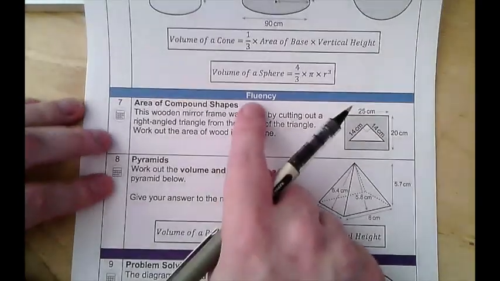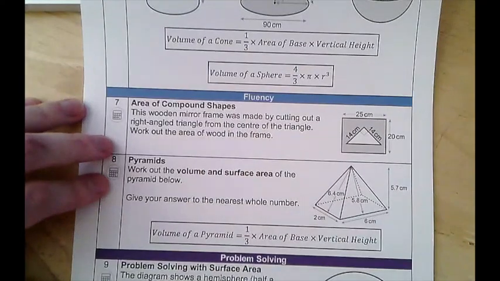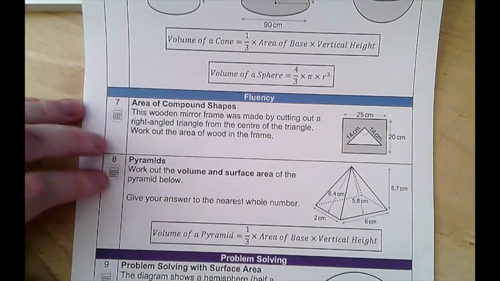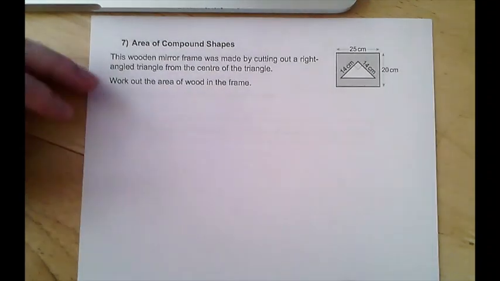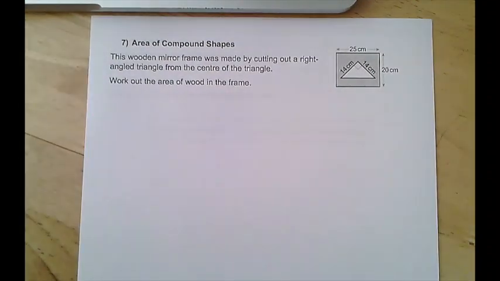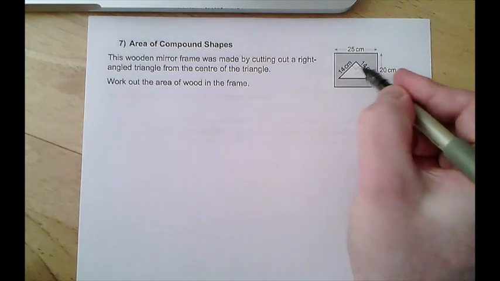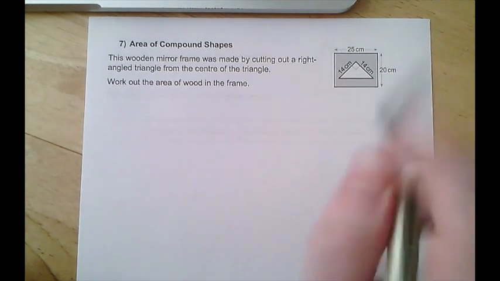So we're now moving on to the fluency section. Now these are designed to make you think a little bit more. So the first question, question 7, is this one. A wooden mirror frame is basically made by cutting this triangle out of the rectangle.